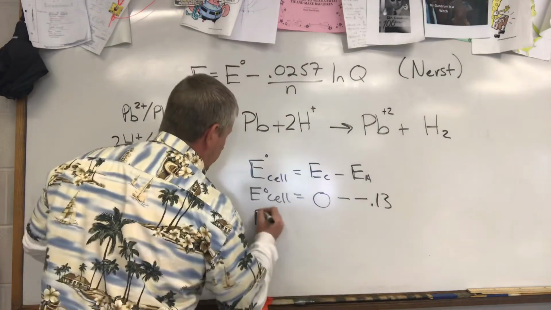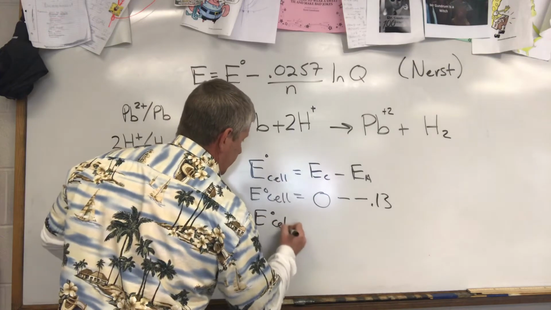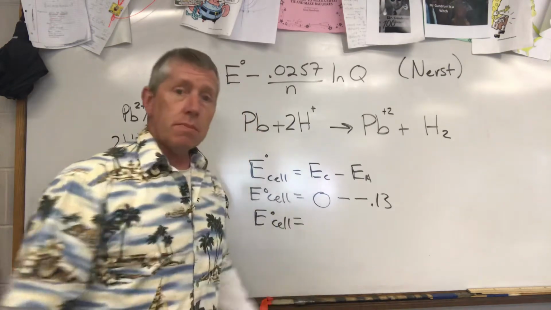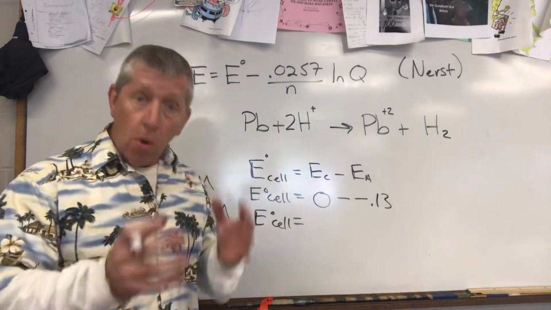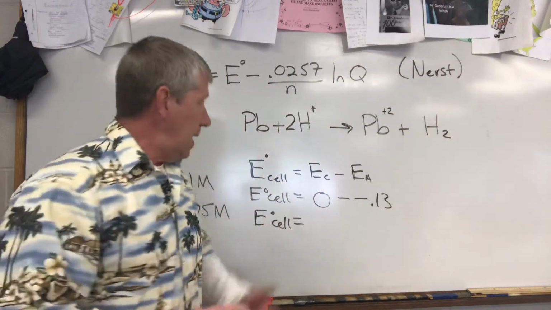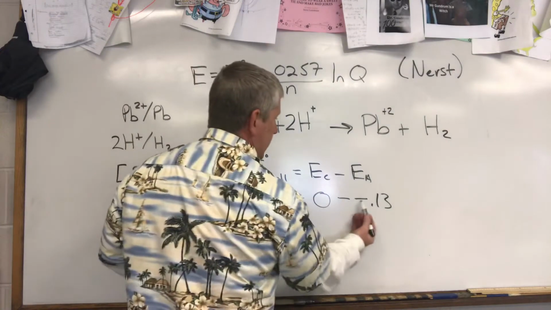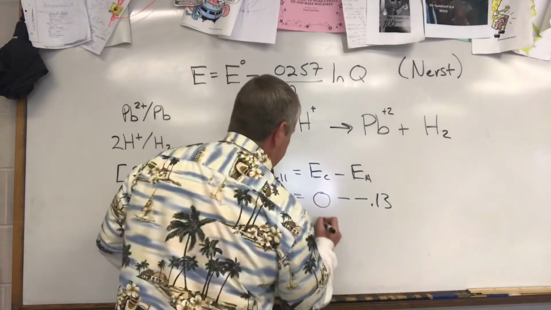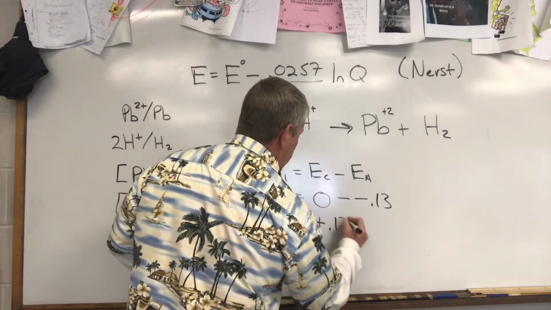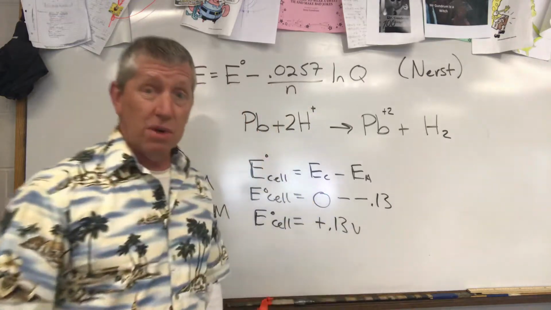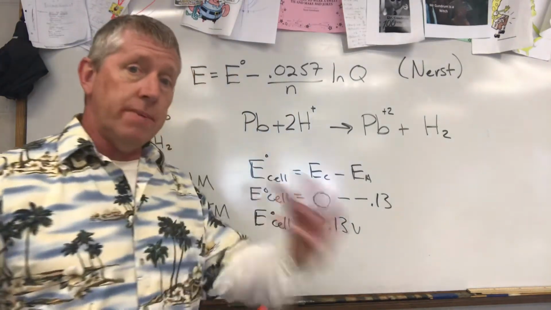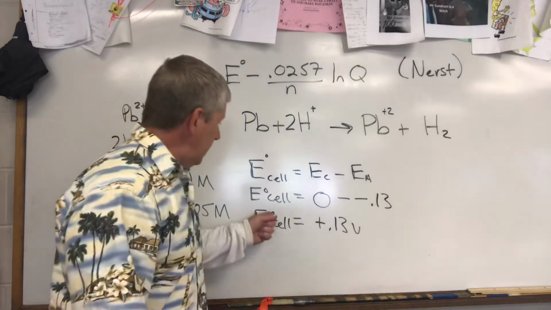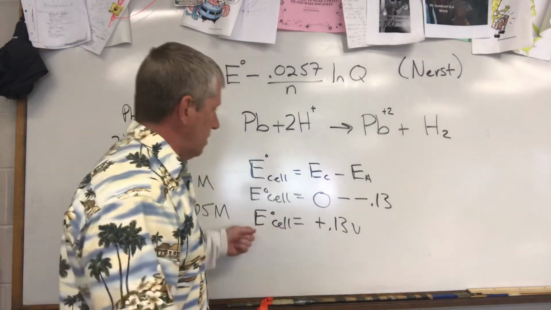So if I do the math, I could get how much voltage this cell would produce under standard conditions, 1 molar solutions of both of these. Subtracting a negative, I would get a positive 0.13 volts. Not very much, but I would get a positive number out of it.